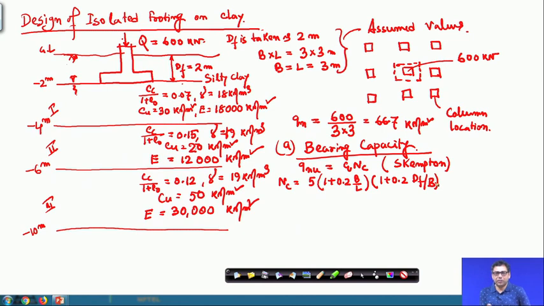That can be converted for a square footing if you put B equal to L. So, here B is equal to L, and the expression becomes 6 into (1 + 0.2 Df/B).